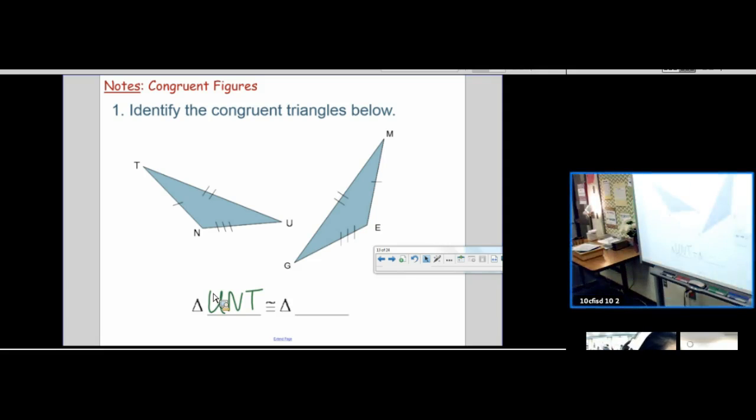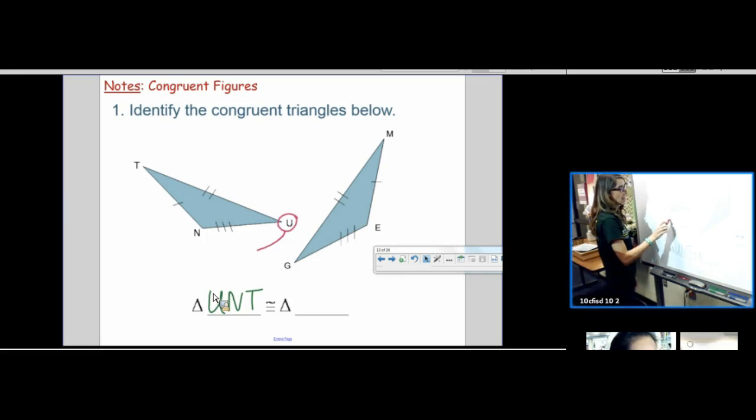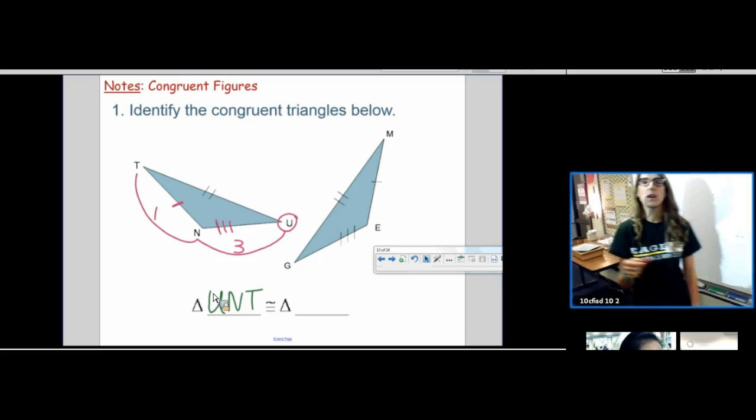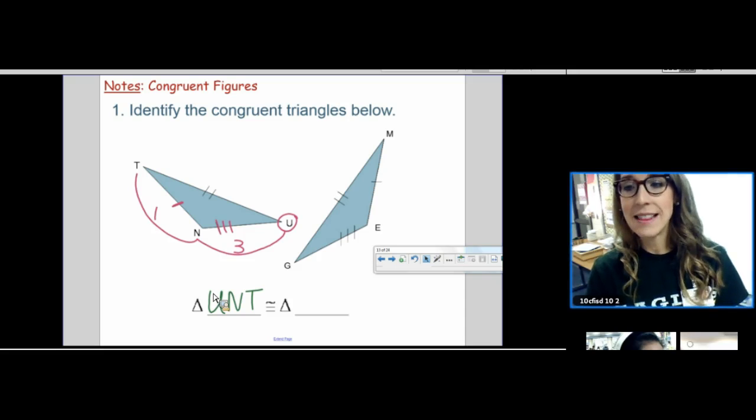So how do we do a problem like this? First you need to look at the triangle that was already named. UNT. So I went from U to N, and then from N to T. I went across 3 tick marks and then across 1 tick mark. So it's really important which way you named it. For the other one, I need to name it in the same way.